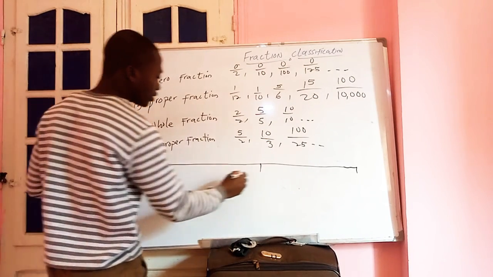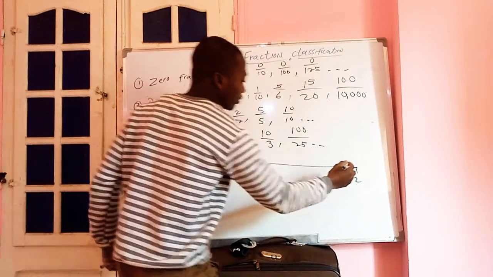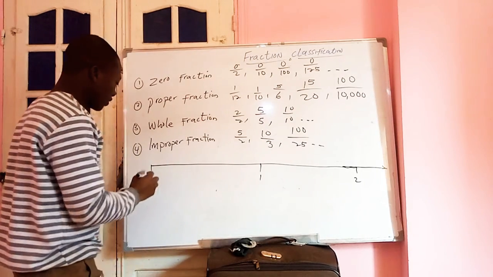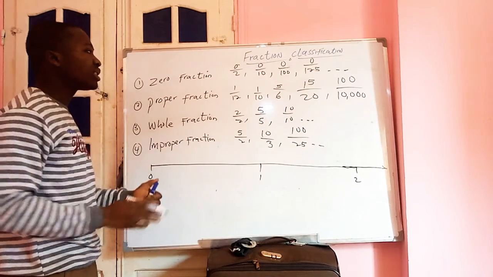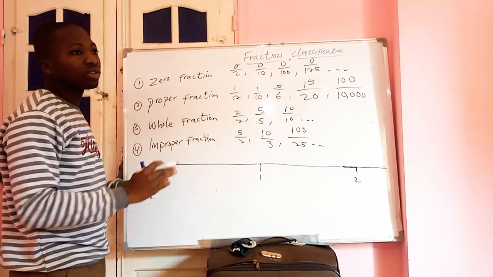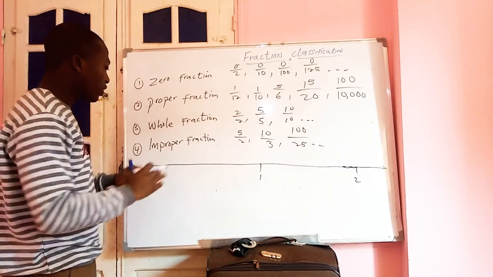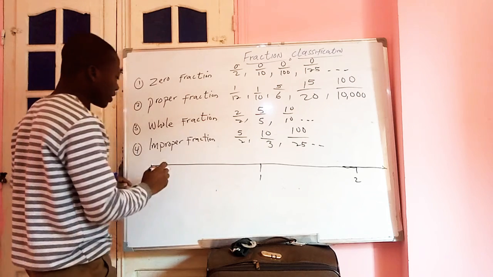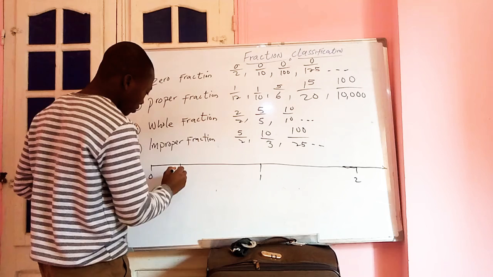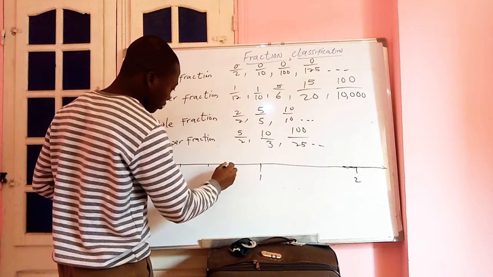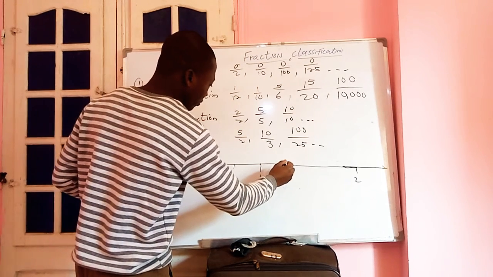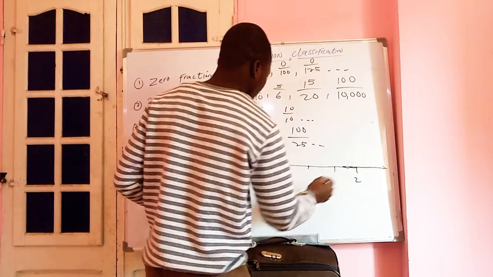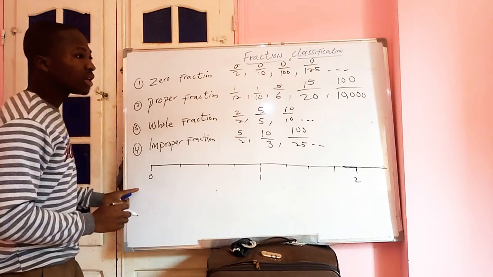The number line is 0, 1, 2, and let's go forever like that. Fraction is a part of things or a part of a whole, so let's divide the whole from 0 to 1 into some parts: 1, 2, 3, 4. The first one here, we call it zero fraction.